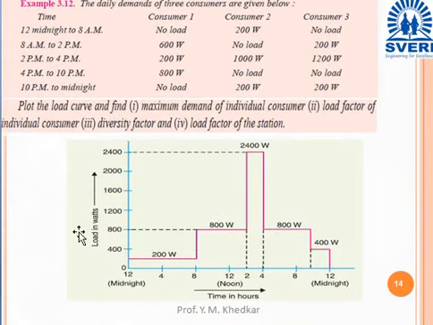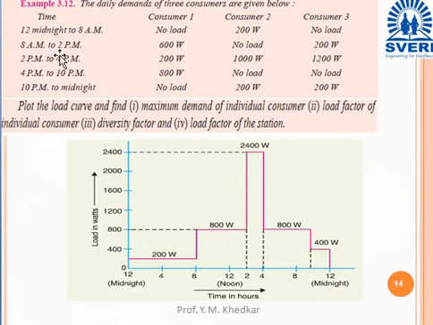In this next problem, once again a different table is in front of us. Here the time span is given in the first column, and consumer 1, consumer 2 and consumer 3 are provided in the remaining 3 columns. From 12 midnight to 8 am there is no load consumed by consumer 1, consumer 2 and consumer 3.